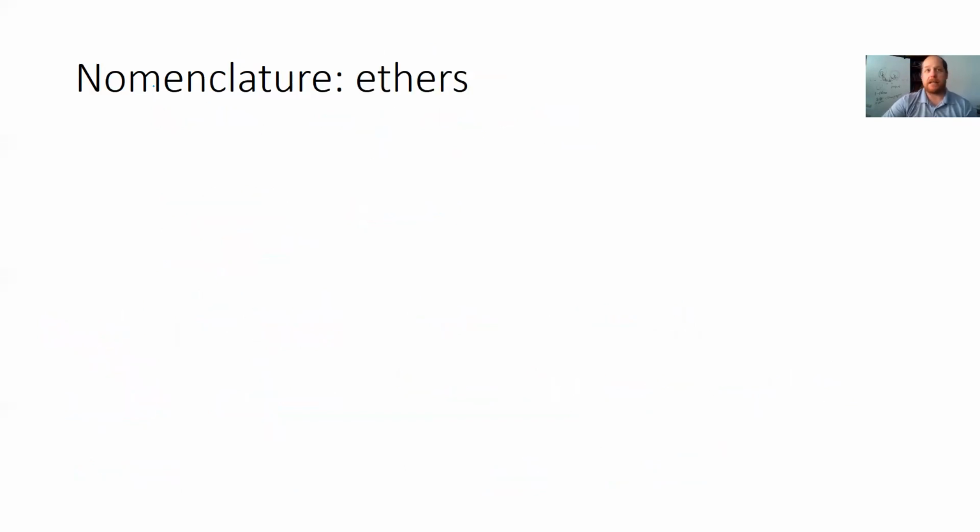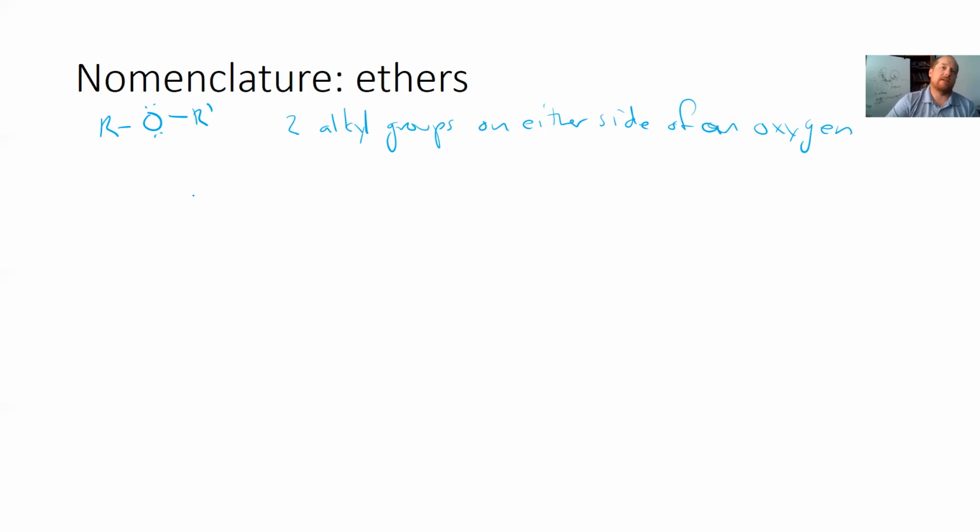Also, things that we have are ethers. So R, O, R prime. So on this one, you basically have 2 alkyl groups on either side of an oxygen.